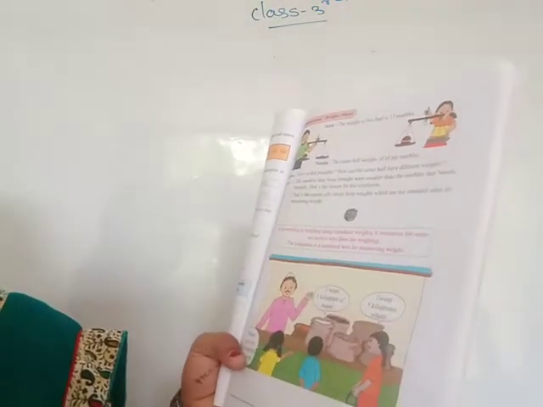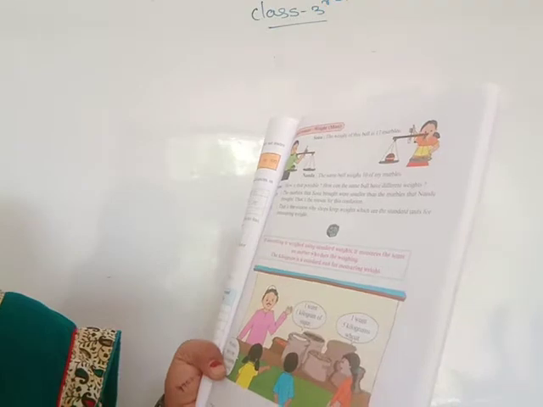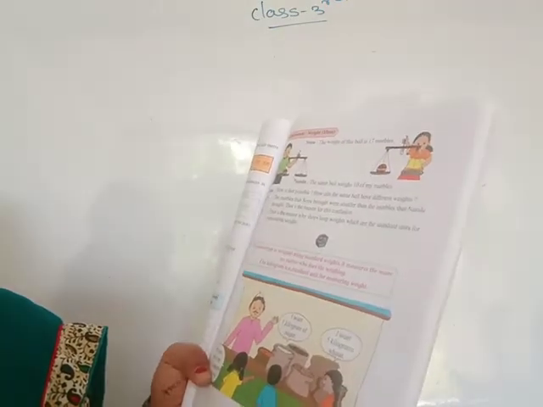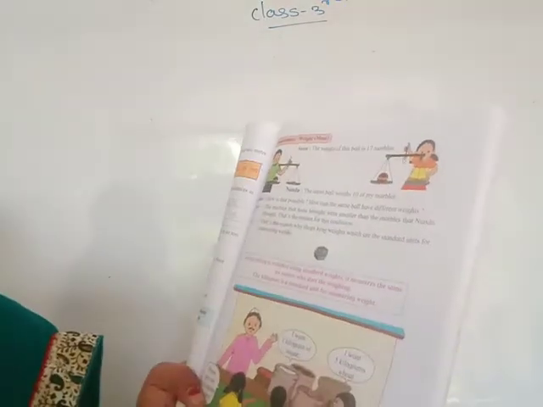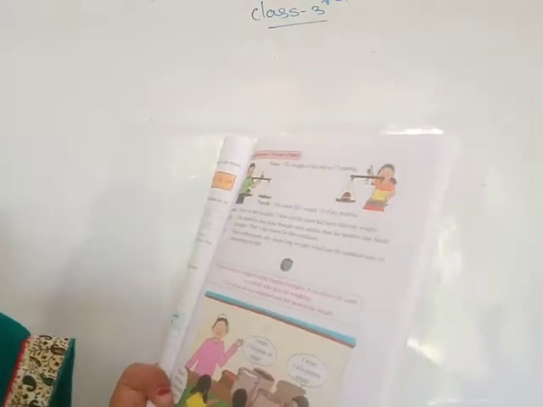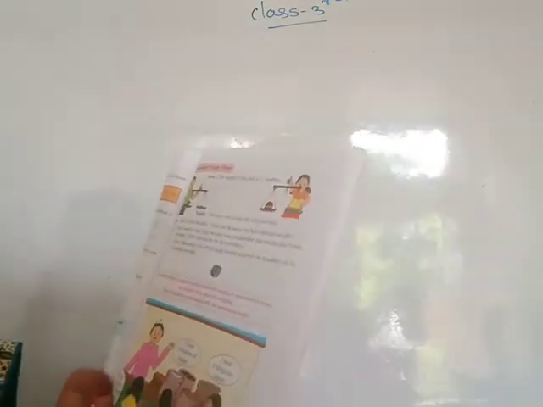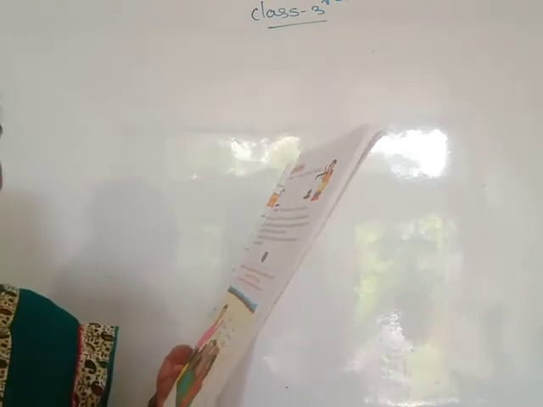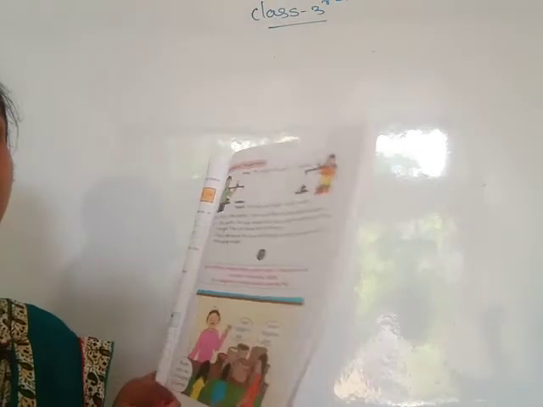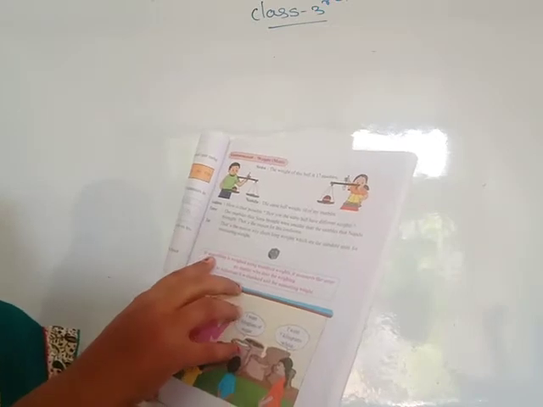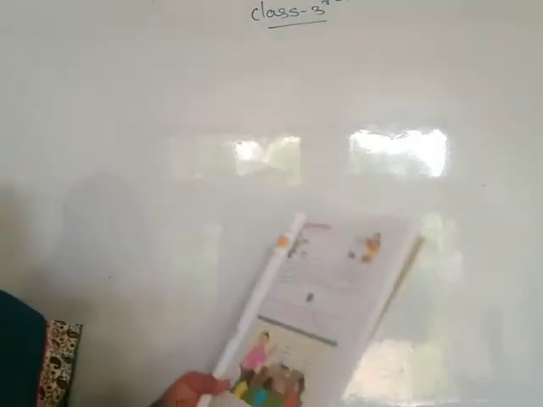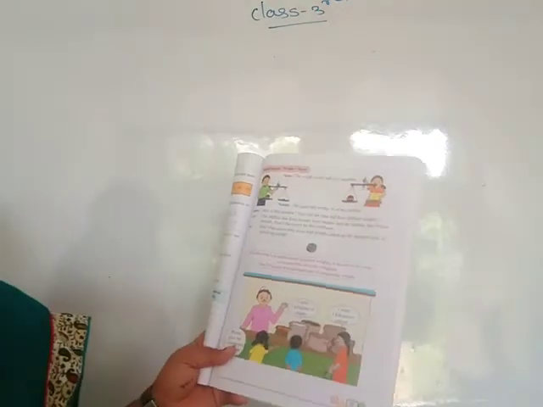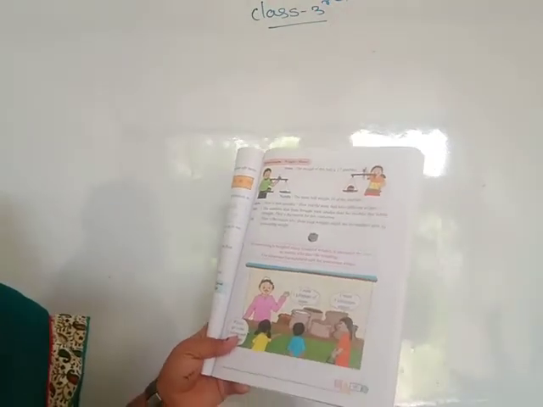That's the reason why shops keep weights, which are the standard unit for measuring weight. The shopkeeper keeps these weights: this 1 kilo, this half kg, and here 250 gram. 1 kg, 500 gram, 250 gram.